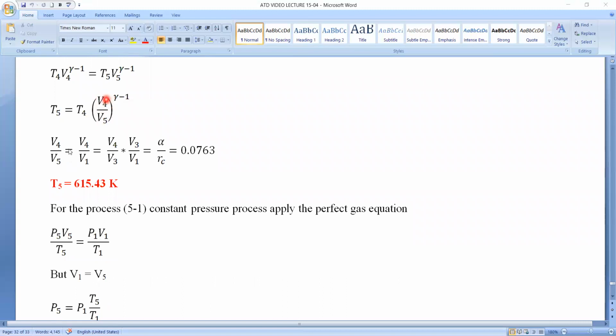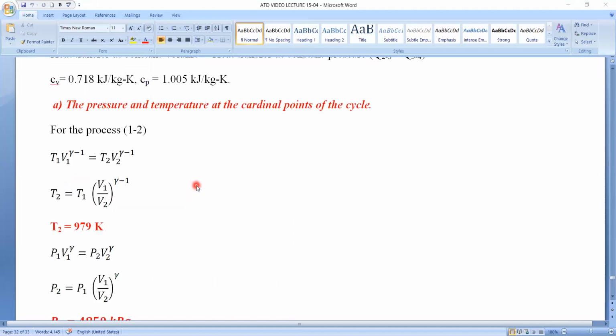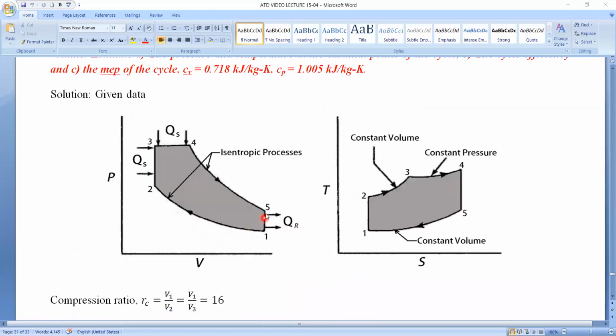Now V4 by V5 can also be written as V4 by V1, because V5 equals V1. On the PV diagram, you can see a vertical line which represents the constant volume process, which gives us V1 equals V5. Both are the same.